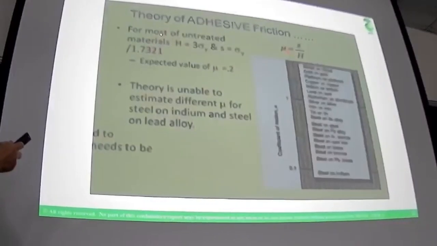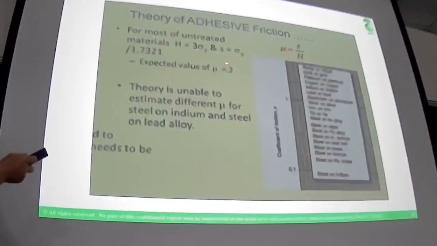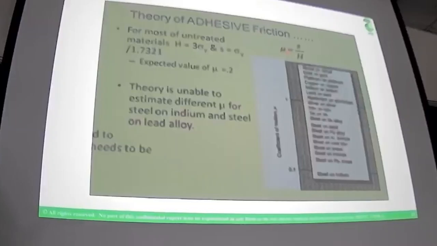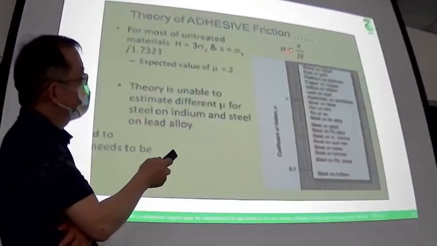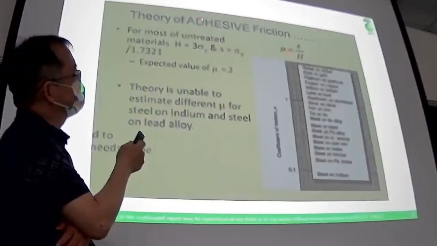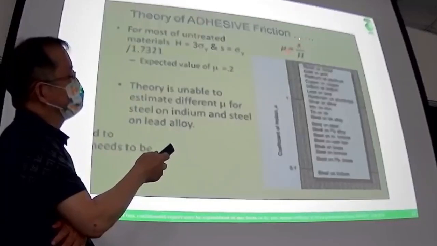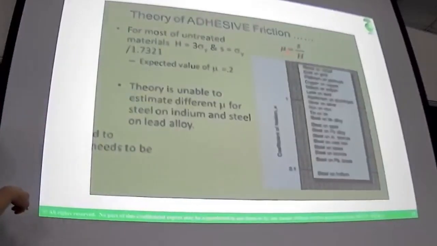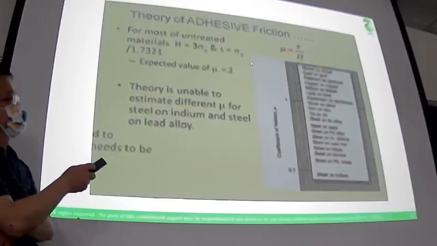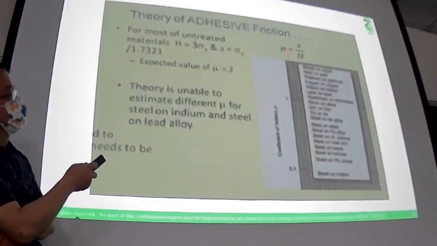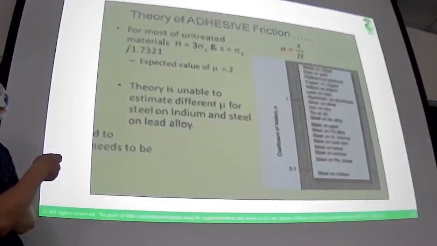Okay, you can use this formula to calculate. So here, what I wrote down specifically, the subscript for this one is adhesive. So, using the formula shear strength divided by hardness, you can expect most values of the coefficient of friction to be about 0.2.